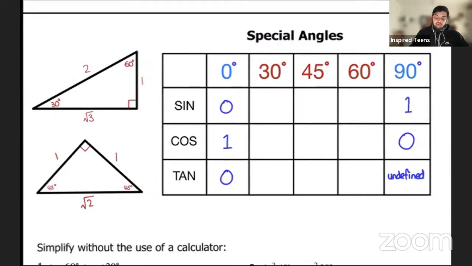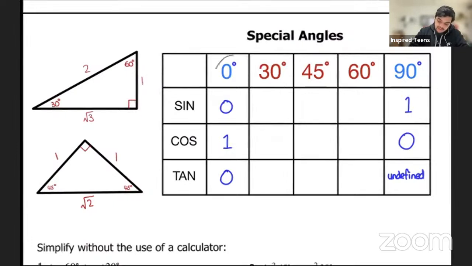Many people prefer to learn them by just knowing this triangle. Once you know the triangle, it's easy to get the value of each special angle. But I'm going to fill in this table.